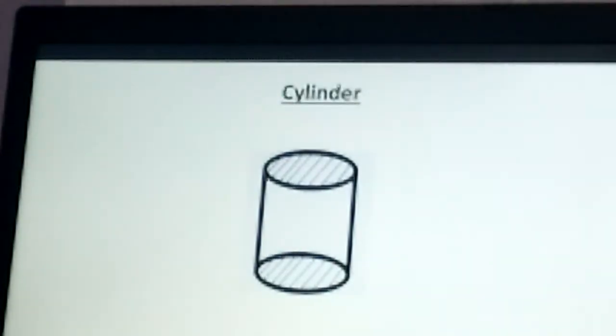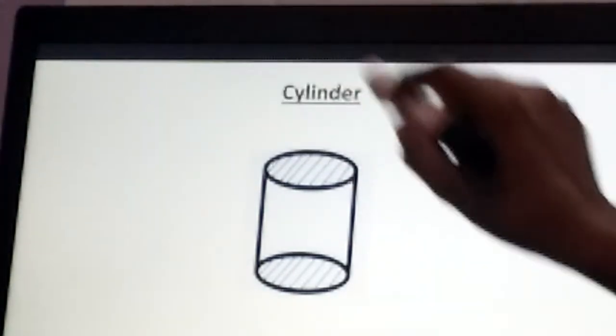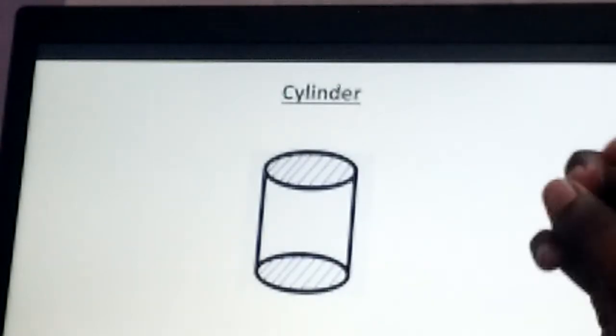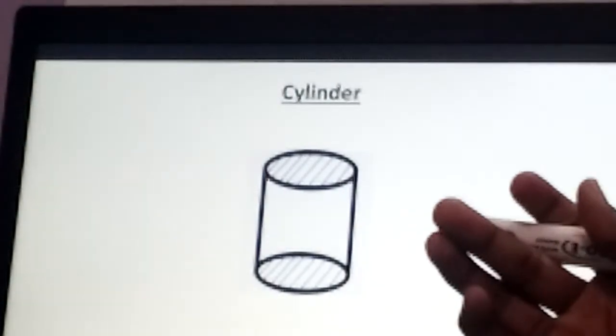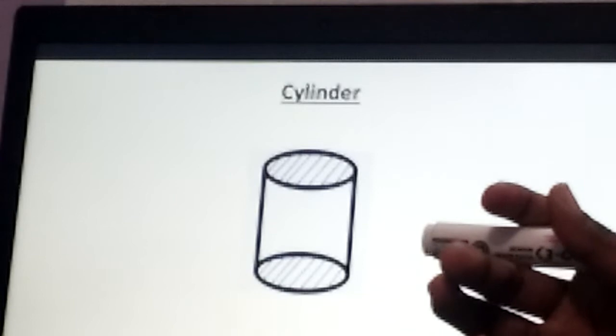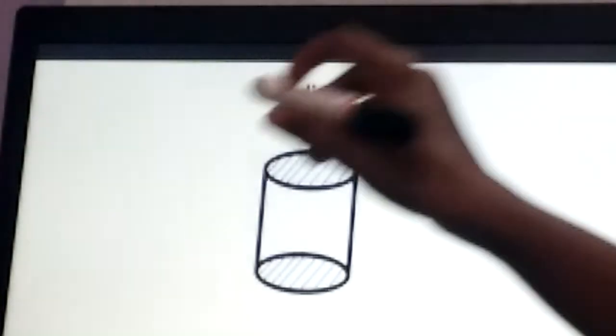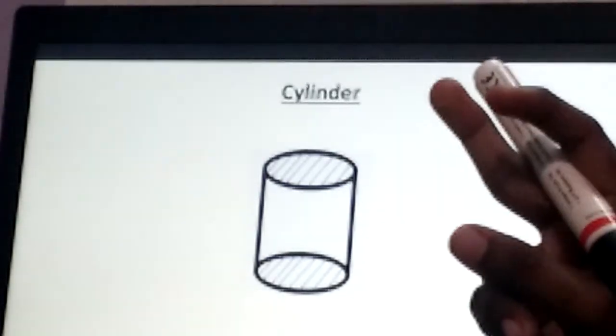Look at here. This is a cylinder, right? We see many things in the shape of a cylinder. Many boxes and many buckets in your home are in the shape of a cylinder. Yes or no? Yes. If we look at it, then there are two elements.